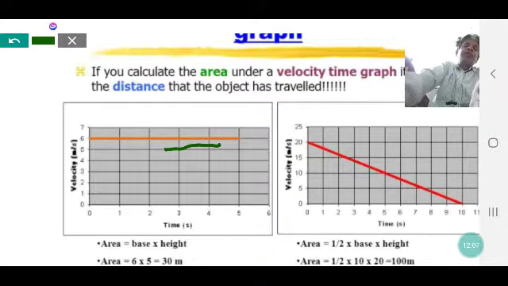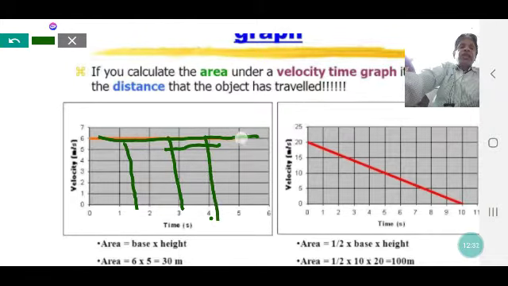The acceleration is 0. There is no acceleration in the motion of the object. So the velocity time graph of such an object is a straight line parallel to the x-axis, and the height of the line is constant everywhere. That shows the object is moving with uniform velocity.